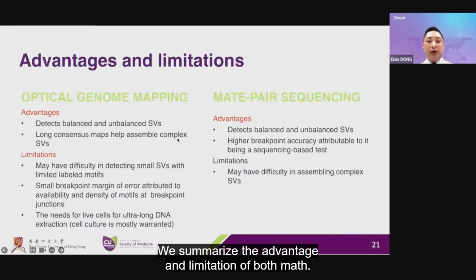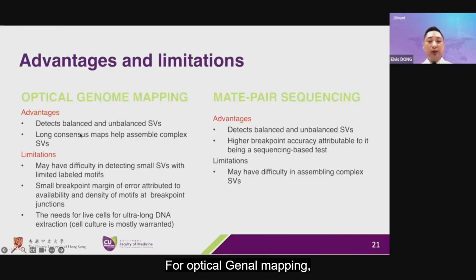We summarize the advantages and limitations of both methods. Optical genome mapping can detect balanced and unbalanced SV. Long consensus maps can help to assemble complex rearrangements, but the limitations are the difficulty in detecting small SV, the difficulty in defining the breakpoint, and the need for live cells for ultra-long DNA extraction.